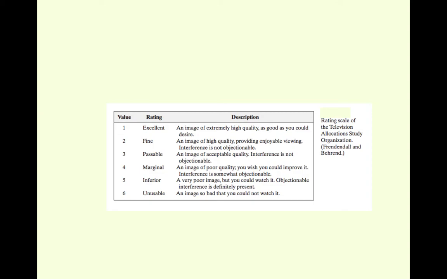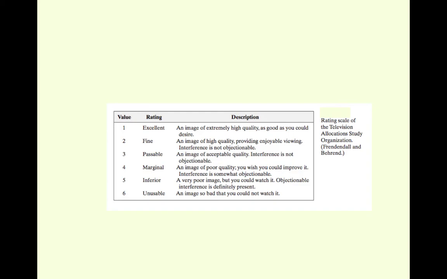Now the rating, how the image appears to our eyes. There is a television standard and a corresponding rating, with values 1 to 6 and ratings from excellent to unusable. Value 1, excellent: an image of extremely high quality, as good as you could desire. Number 2, fine: an image of high quality providing enjoyable viewing, interference is not objectionable.